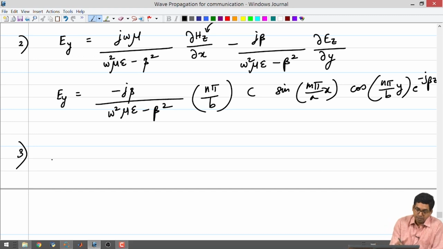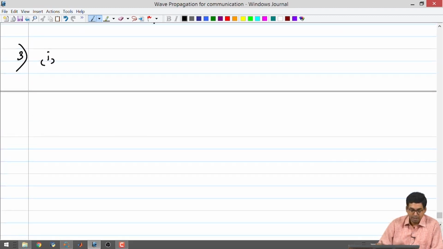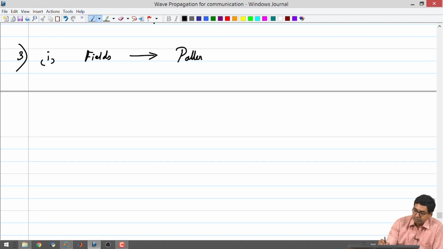Now, a few things that we are seeing as commonalities between this rectangular waveguide and parallel plate waveguide is that the fields that we are talking about, they form patterns. In the case of the parallel plate waveguide, standing wave patterns were formed.